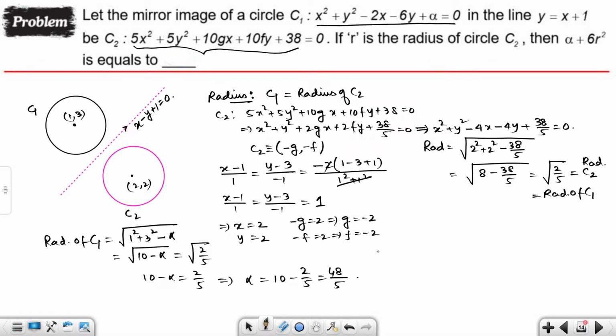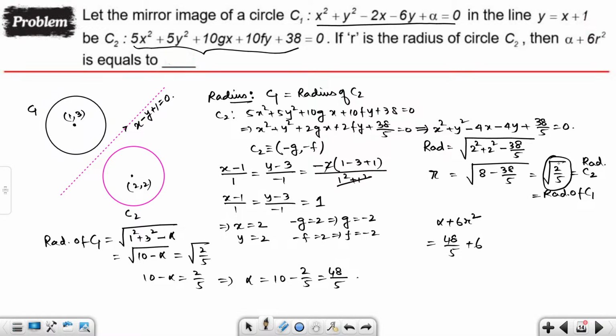Is it clear? Therefore, we need to find out the value of alpha plus 6r squared. So it will be what? 48 over 5 plus 6. R means this is your R, because R is the radius of C2. Yes or no? This is your R, which is the radius of your circle C2, which is same as the radius of your circle C1.